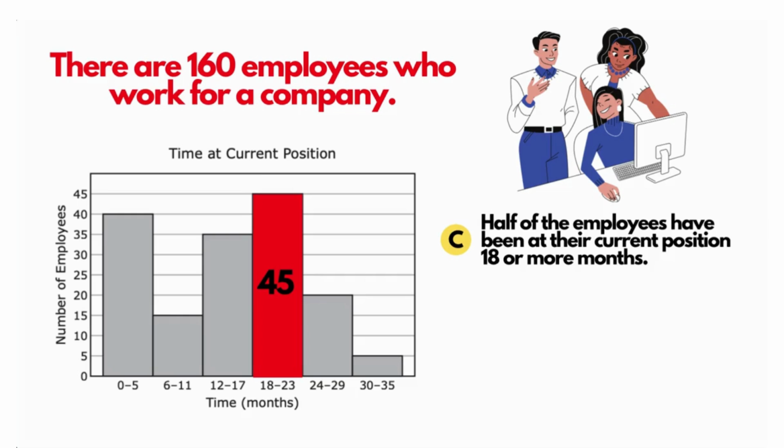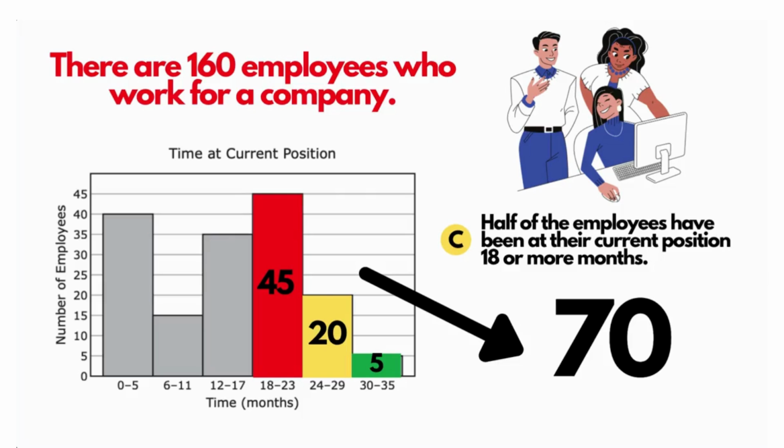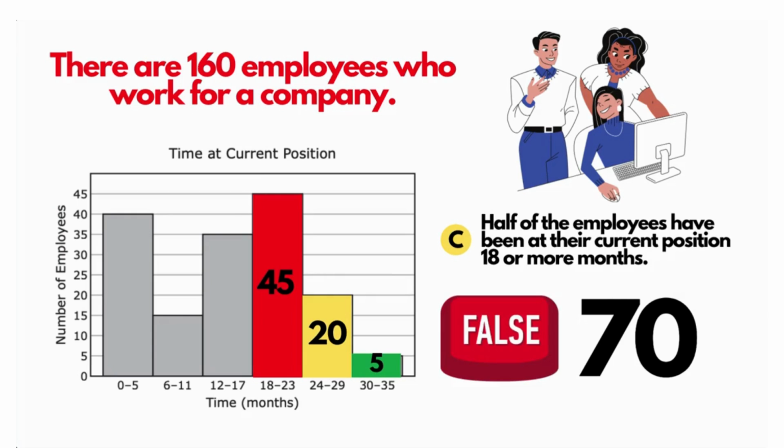So there were 45 employees from 18 to 23 months, 20 from 24 to 29 months, and 5 from 30 to 35 months. So let's add these up. We add up these 3 bars. That's 70 employees. And it says half. Well, half of 160 is 80, so 70 does not make it true, so that one is false.